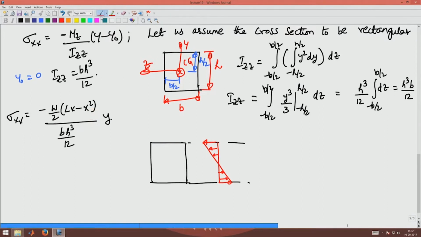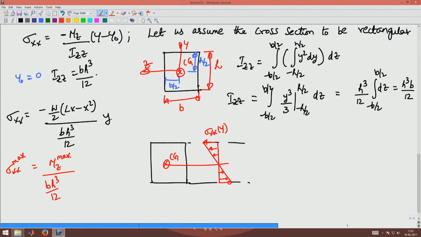Now this is just the sigma xx variation with respect to y, and this point is the CG of the cross section. But what are we interested in? You are interested in where the maximum sigma xx occurs and what is the value of this maximum sigma xx. Maximum sigma xx will occur where the bending moment Mz is maximum, divided by bh cube by 12.